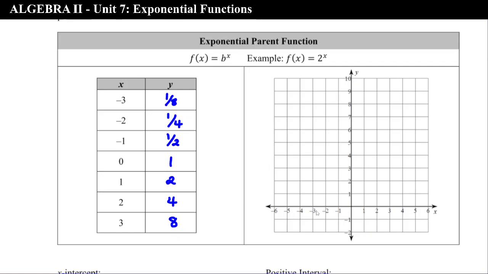So we can plot our points here on the graph, and we have 0, 1, 1, 2, 2, 4, and 3, 8. And then on the other side, we have 1/2, about 1/4, and about 1/8 at negative 1, negative 2, and negative 3.